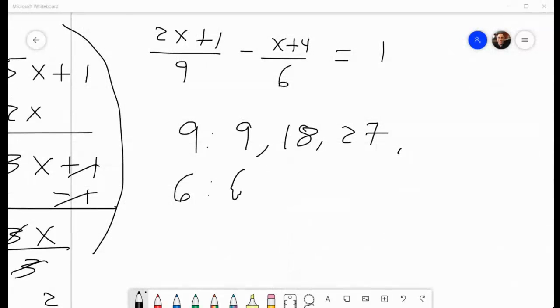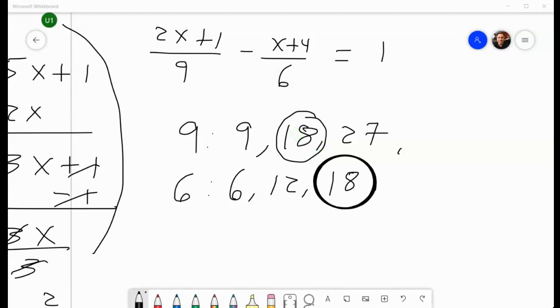We have 6, 12, 18. Oh, we have 18 in both of these, right? So 18 is in both lists. It's the first one that appears in both lists. So because of that, 18 is the LCM, the least common multiple.